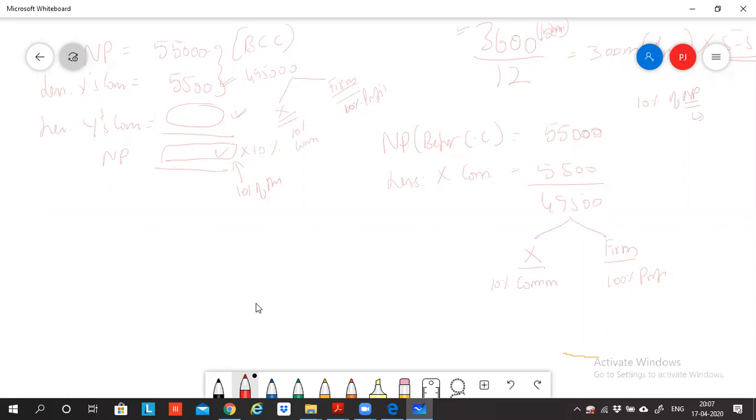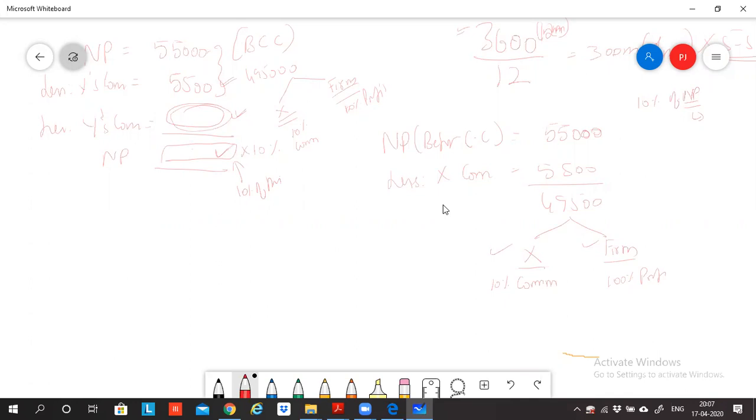So this 49,500 belongs to two people, one X's portion, another one is firm's portion. I am not able to find Y's commission. If I had Y's commission in the question, I would have minused this and straight away got this net profit. The question now is, I have to find out Y's commission.